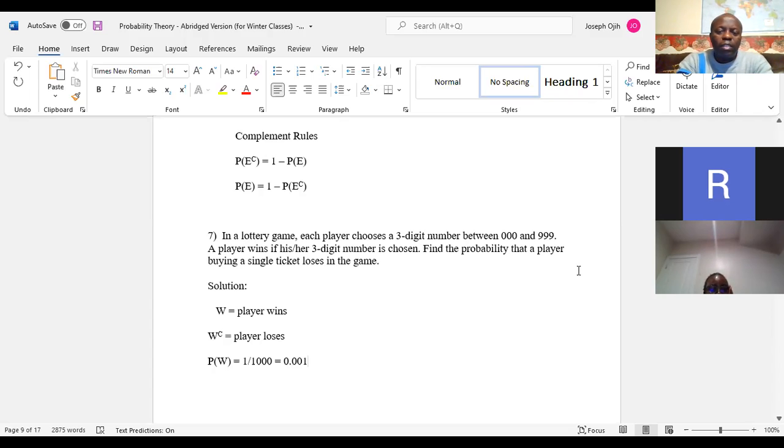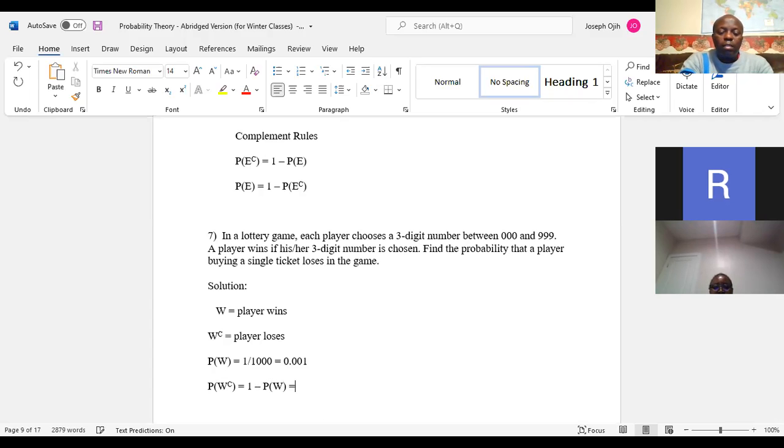But the question says, find the probability that a player buying a single ticket loses. So this is the complement. They are looking for the complement. The probability that the player loses is found using the formula for the complement, only that we substitute W for E: 1 minus the probability that he wins.